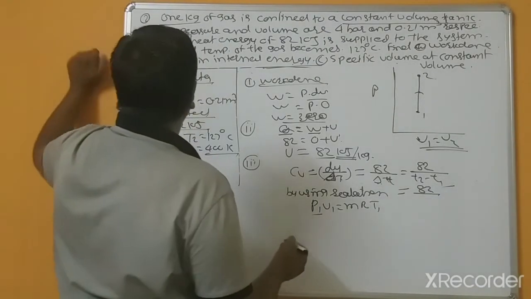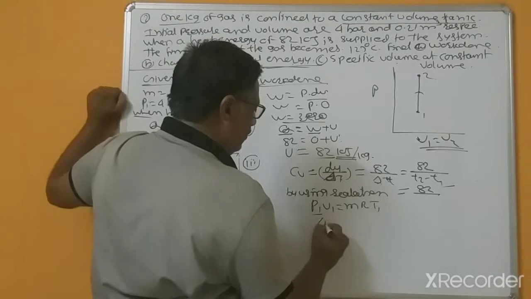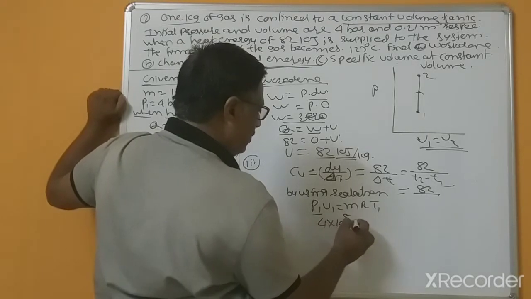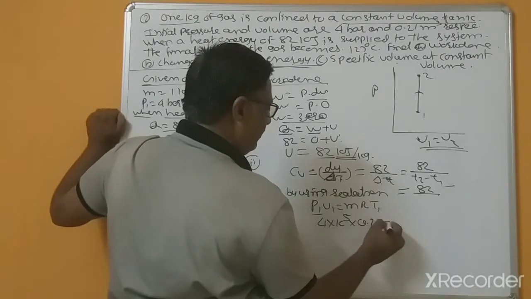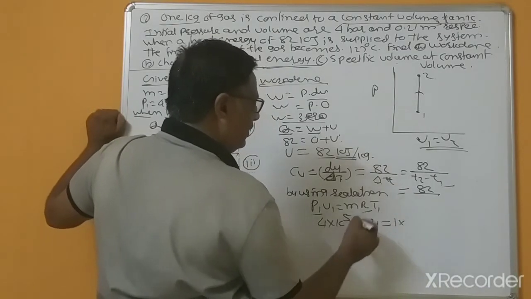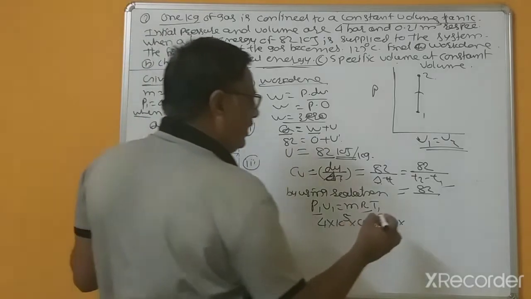Here P1 equal to 4 bar, 4 into 10 to the power 5, V1 equal to 0.21, m equal to 1, R equal to 287.